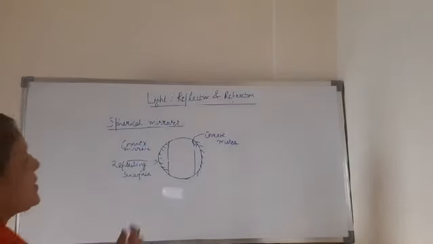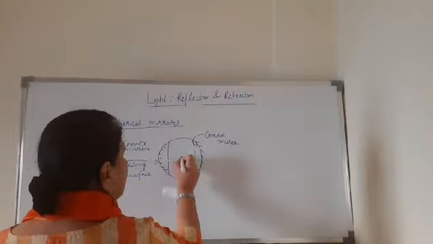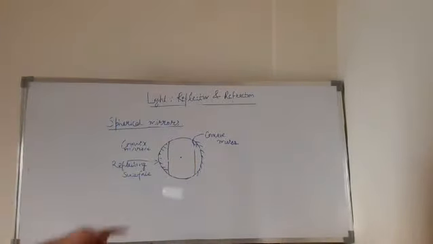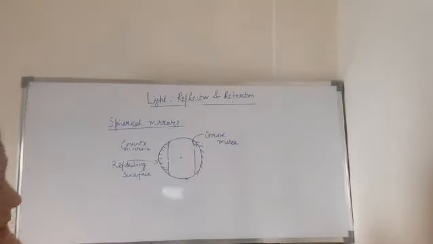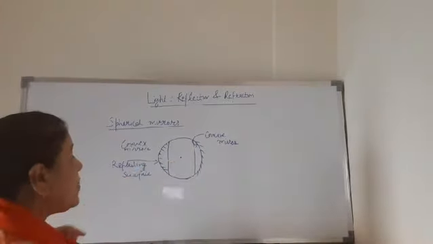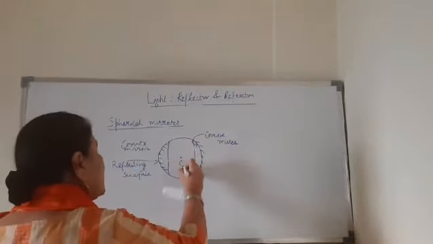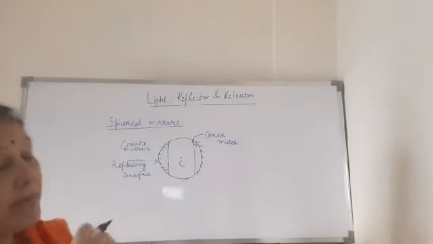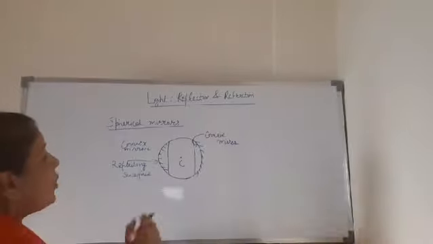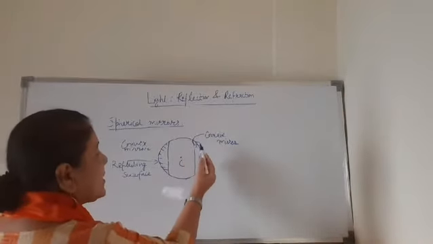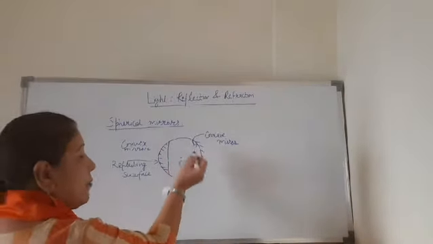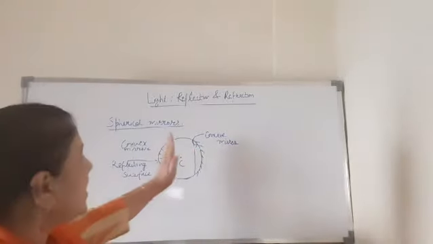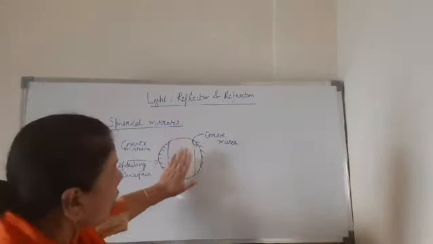Now the center of this sphere, naturally if it's a sphere, it has to have one center. This C is called the center of curvature. Again, I'll be explaining it in detail. For a concave mirror, it lies in front of the mirror.